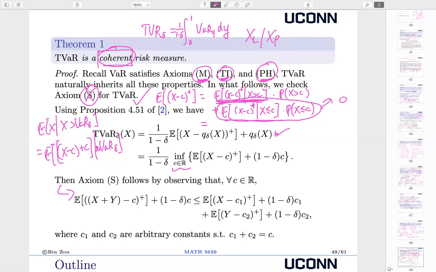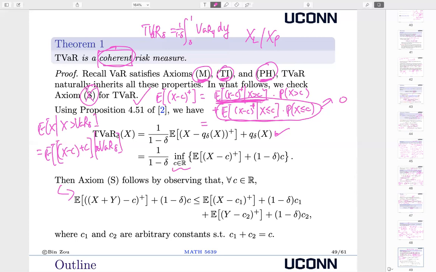Of course, you could argue that it only considers the average, right? VaR is a single point. TVaR is the average of all those points on the right tail. But is average the best measure you can think of? Let's say two random variables have the same mean. Does that mean that they have the same risk?